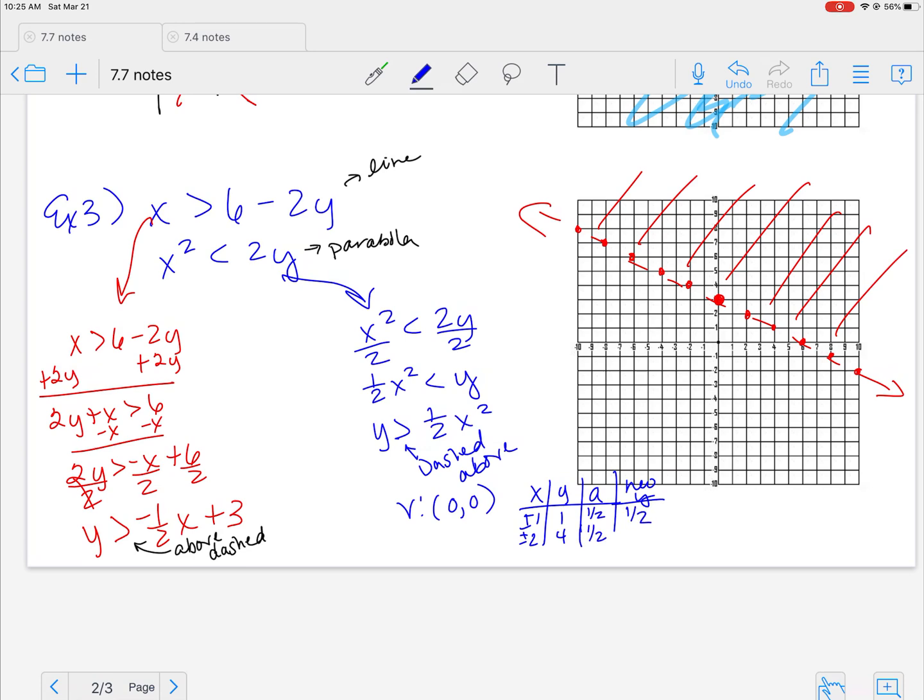So 1 times 1/2 is a 1/2. 4 times 1/2 is 2. So from my vertex here of 0, 0, I'm going to go over 1 and just up 1/2. Back 1, just up 1/2. Over 2, up 2. Back 2, up 2.